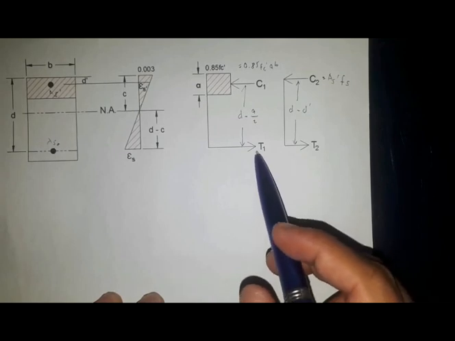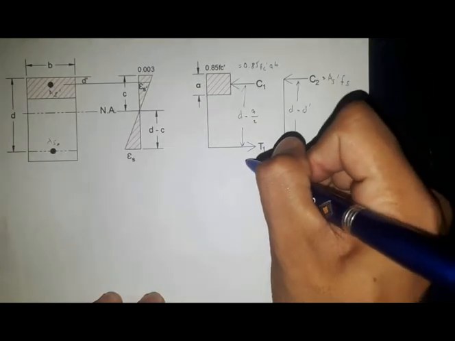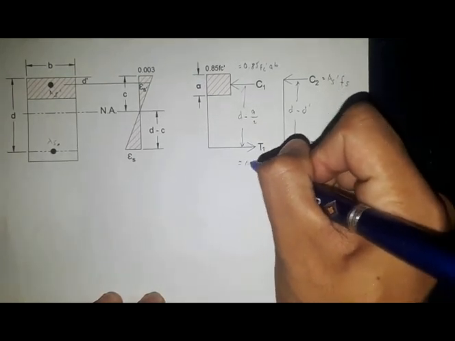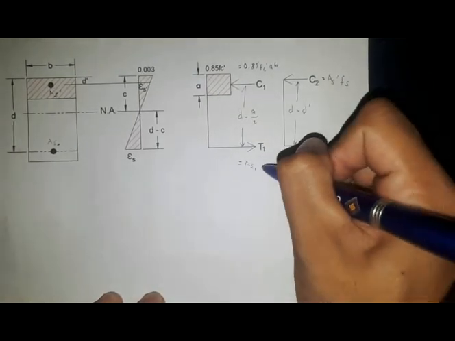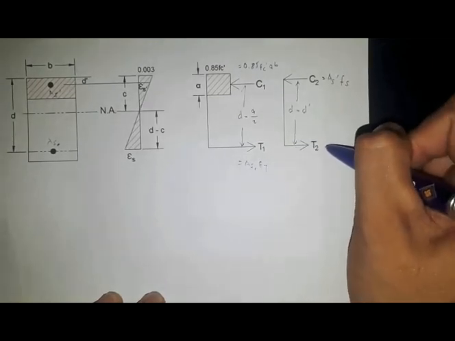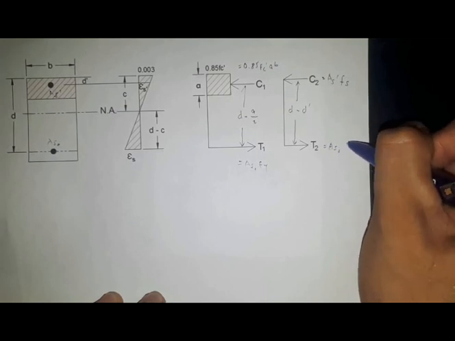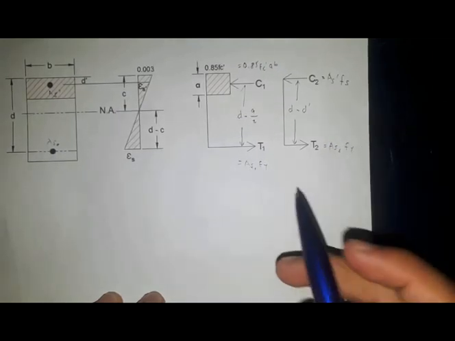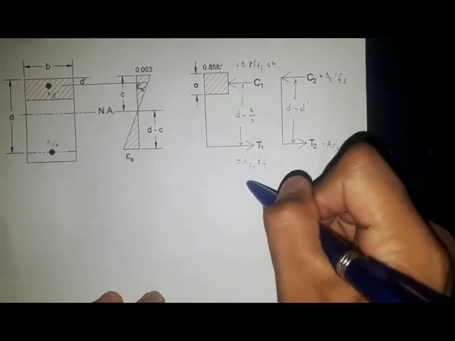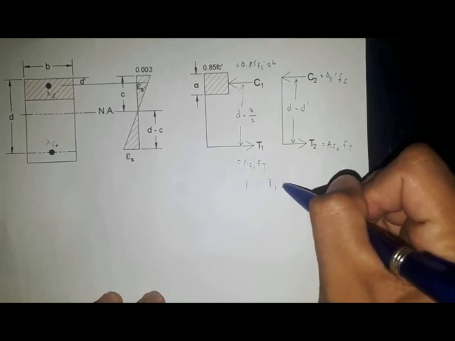Now, ito, T1 is equal to AS1 FY, while T2 is equal to AS2 FY. So, yung T equals T1 plus T2.